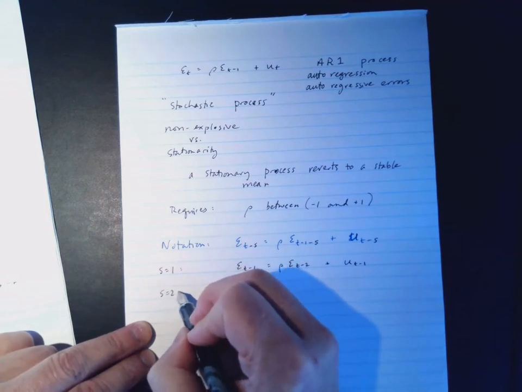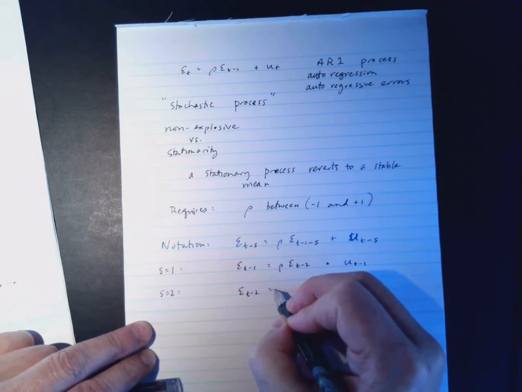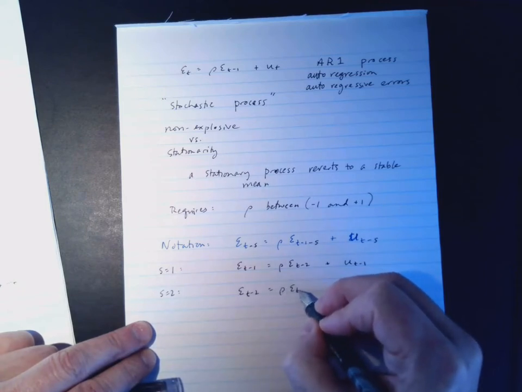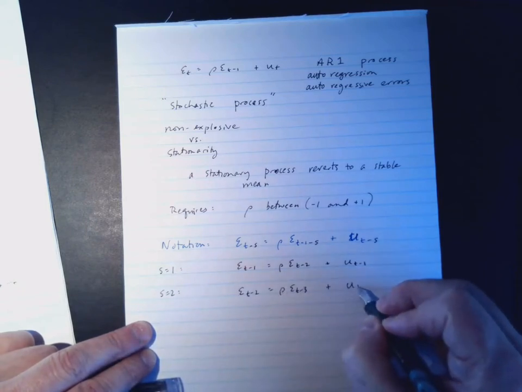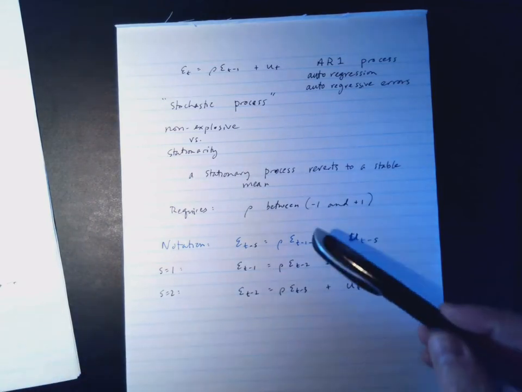And if s equals 2, then epsilon t minus 2 equals rho epsilon t minus 3 plus u t minus 2, and so forth.